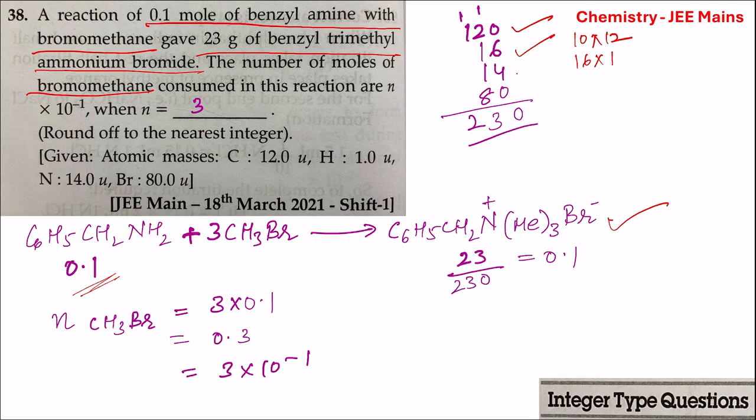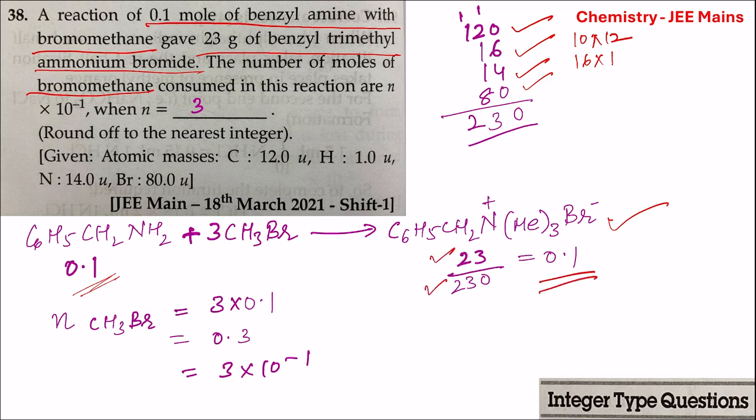Number of nitrogen atoms is 1, atomic weight of nitrogen is 14. So 120 plus 16 plus 14 plus atomic weight of bromine, that is 80. So molecular weight of the product is 230, and moles of benzyl trimethylammonium bromide will be weight divided by molecular weight. So number of moles is 0.1 mole.